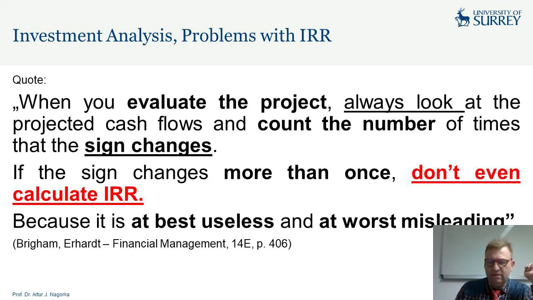This is a quote from another book by Brigham and Ehrhardt. So always look at these changes. With 1 change of sign, we can calculate the internal rate of return. If it's more than 1, then as written here, useless and misleading.